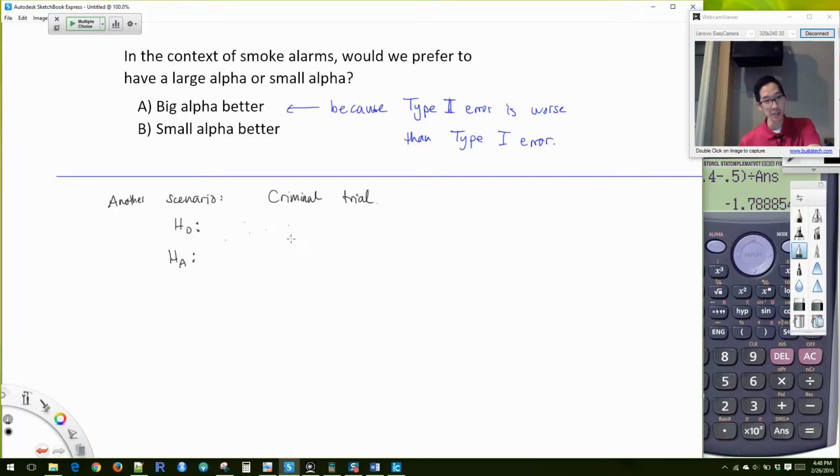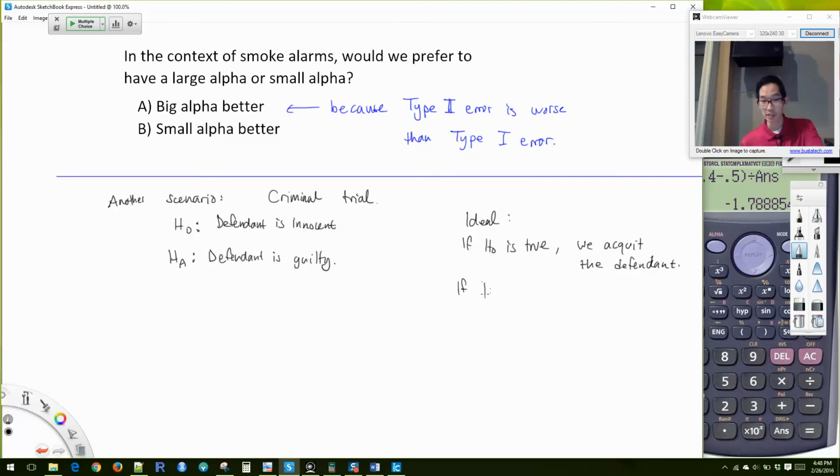So we go off the assumption that the defendant is innocent, and the alternative is that the defendant is guilty. In the ideal scenario, if the null hypothesis is true and the defendant is innocent, the jury acquits.